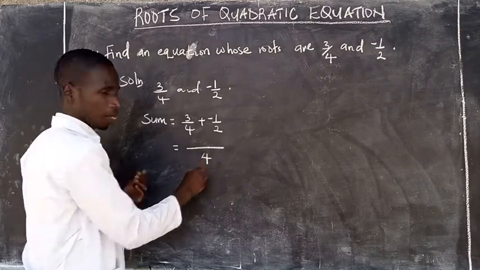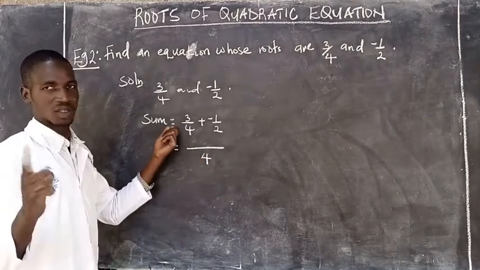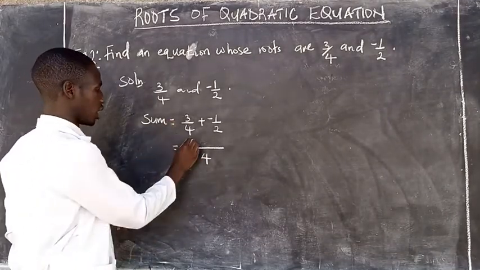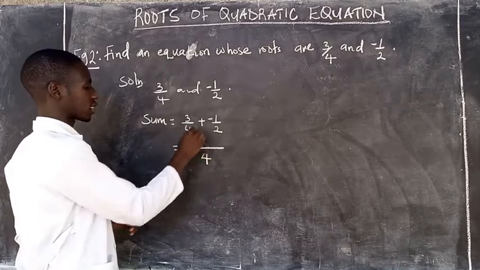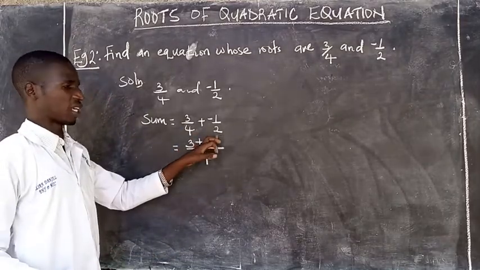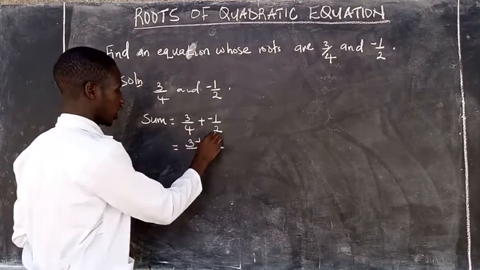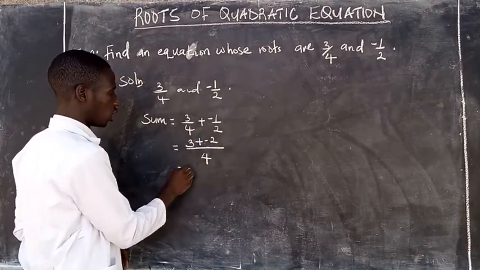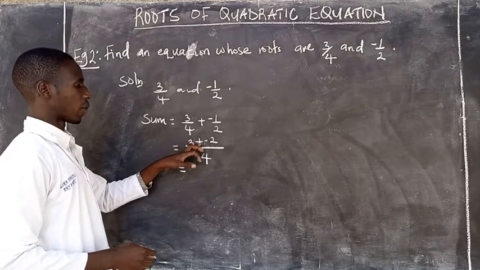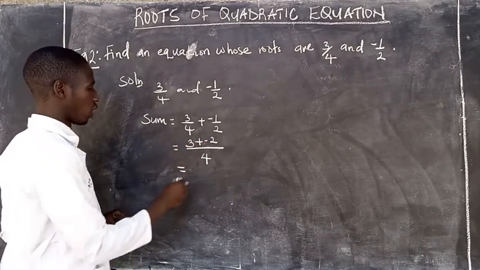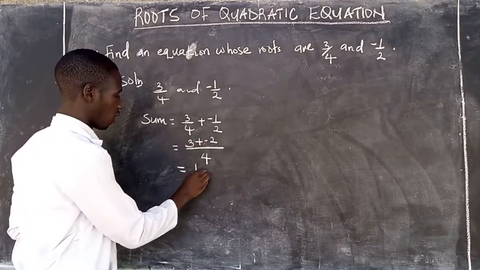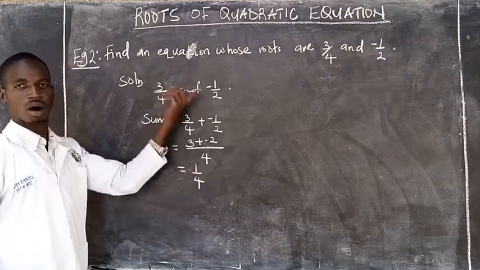LCM here is 4. 4 divided by 4, that is 1. 1 times 3, that gives us 3. Plus 2, 4 divided by 2, that is 2. 2 times negative 1, that is negative 2. So we shall have 3 plus negative 2, that is positive 1 over 4. So this is the sum of the roots.